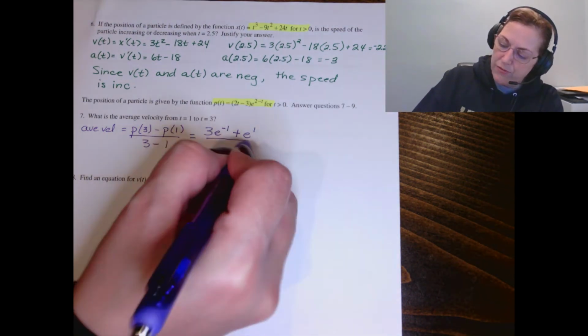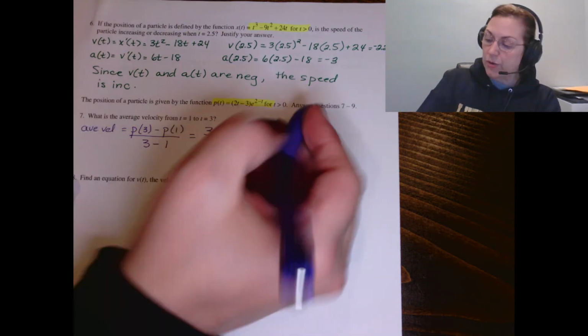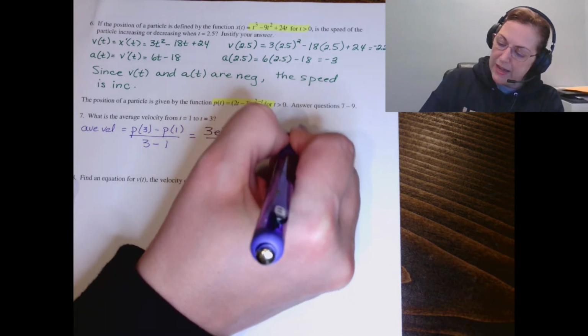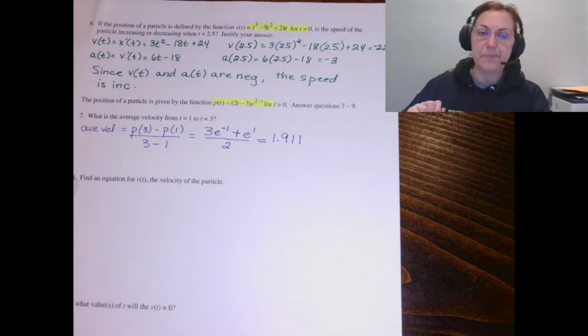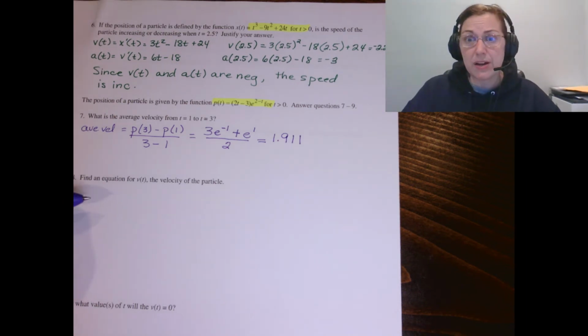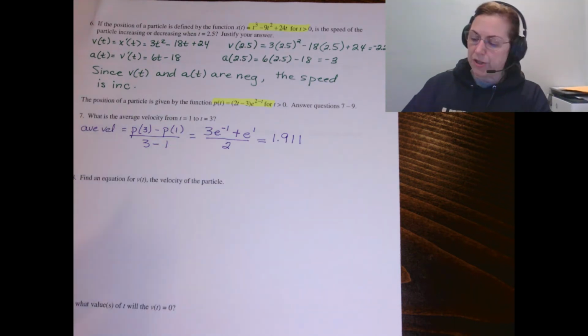And that's over 2. Now take a minute and put that in your calculator. You should get 1.911. I normally would want to put units on it. However, there were no units given in this problem, so I'm not going to stress about it. Definitely watch how you put that in your calculator.